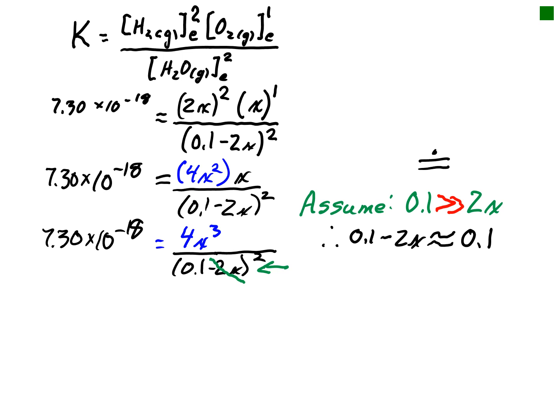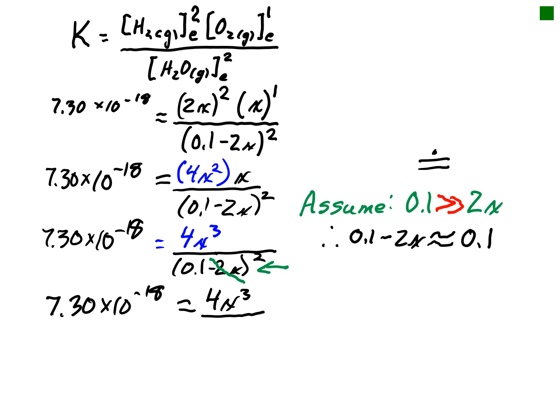And some of you are going, wait a minute, how can I just take out that part? Well, because I assumed it's really small. So small that it won't matter. Now let's see what happens to my expression when I make that assumption. The left-hand side does not change. It's 7.30 times 10 to the negative 18. The right-hand side still keeps that 4x cubed in the numerator.